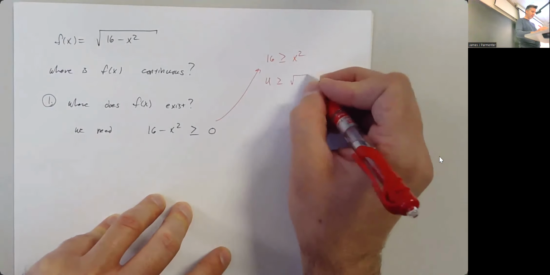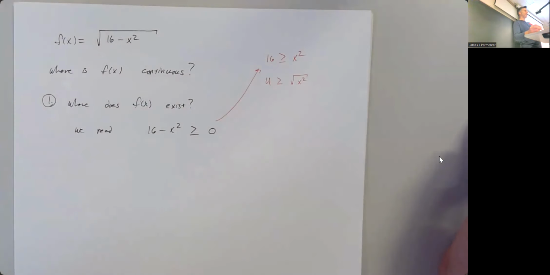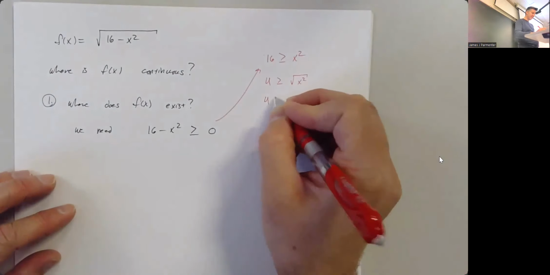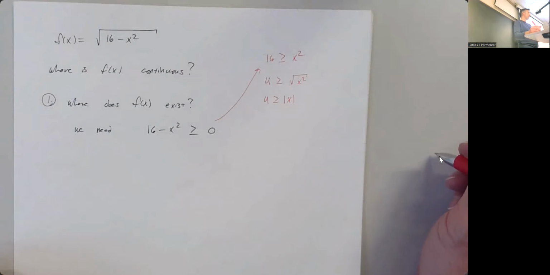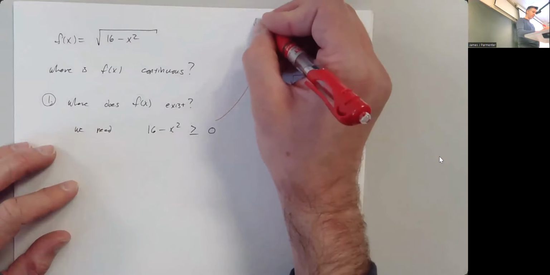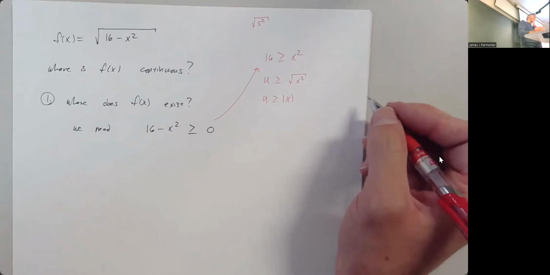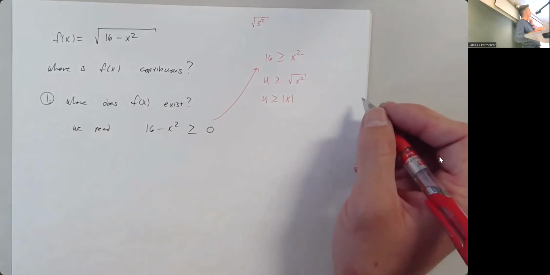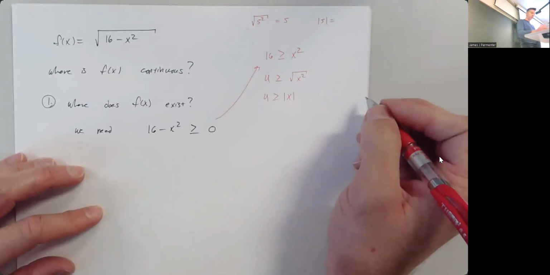And what's the square root of x squared? Not quite just x. Almost plus or minus. I think I heard someone say it over here. It's the absolute value of x. I'll remind you of this because it comes up not infrequently. What's the square root of 5 squared? Well, what's 5 squared? 25. What's the square root of 25? 5. What's the absolute value of 5? 5.